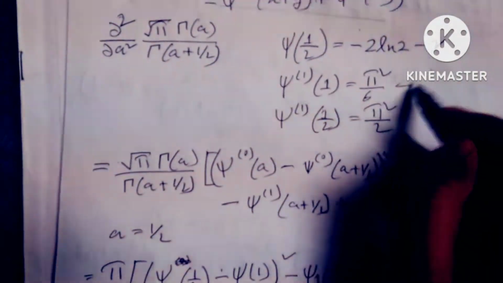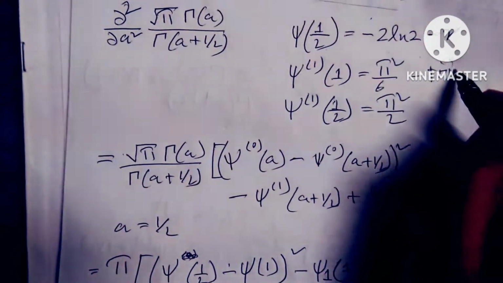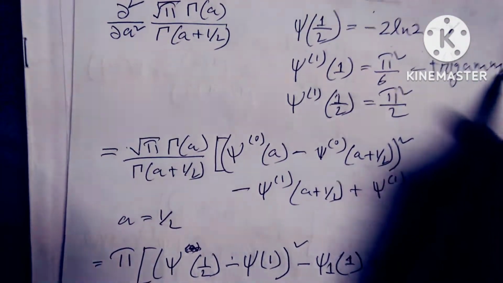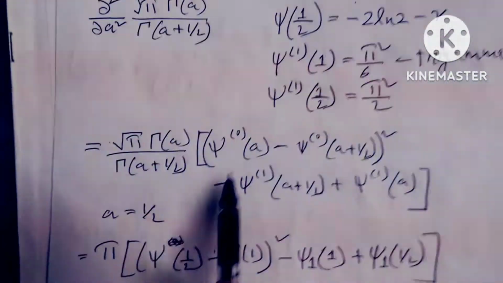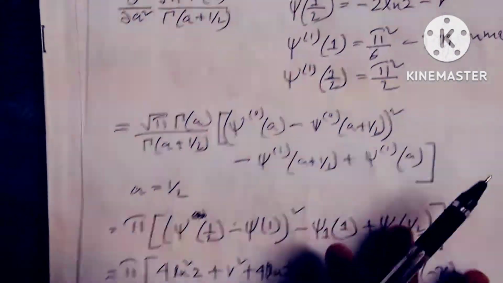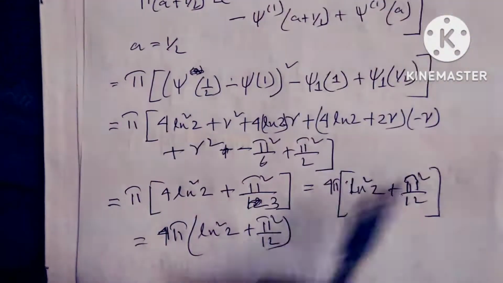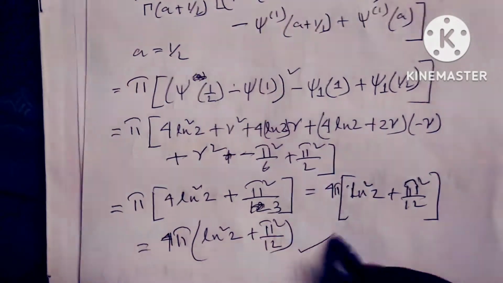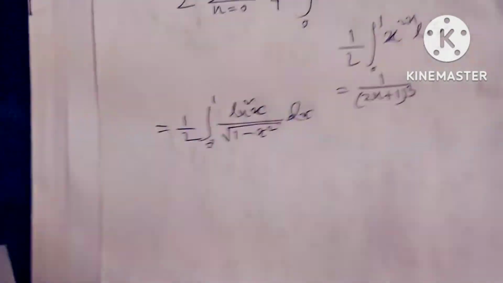This is trigamma, and this is digamma. So trigamma has all the values, and after that I put them in here and I get this result. So friends, I hope I can clear the total concept.